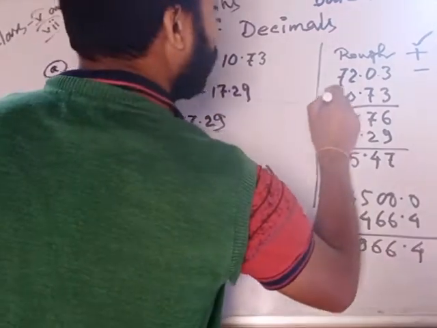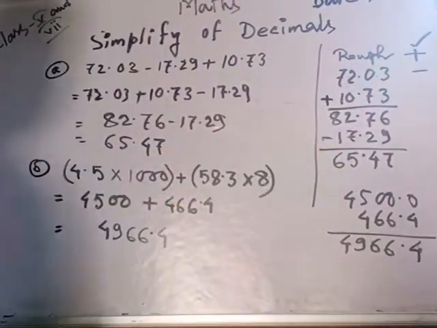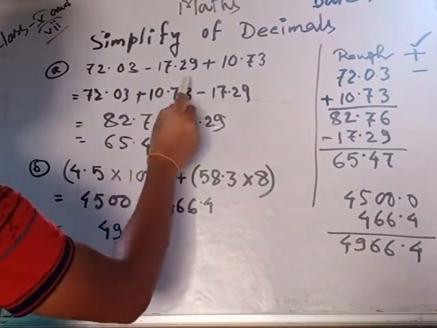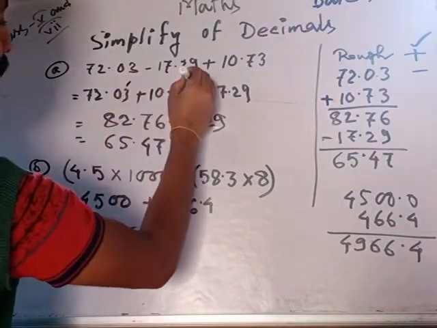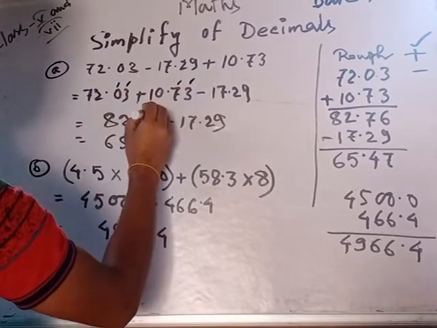We should add these two numbers. If you need, you can use this rough portion, or you can do it without roughing. 3 plus 3, that is 6. 7 plus 0, that is 7.